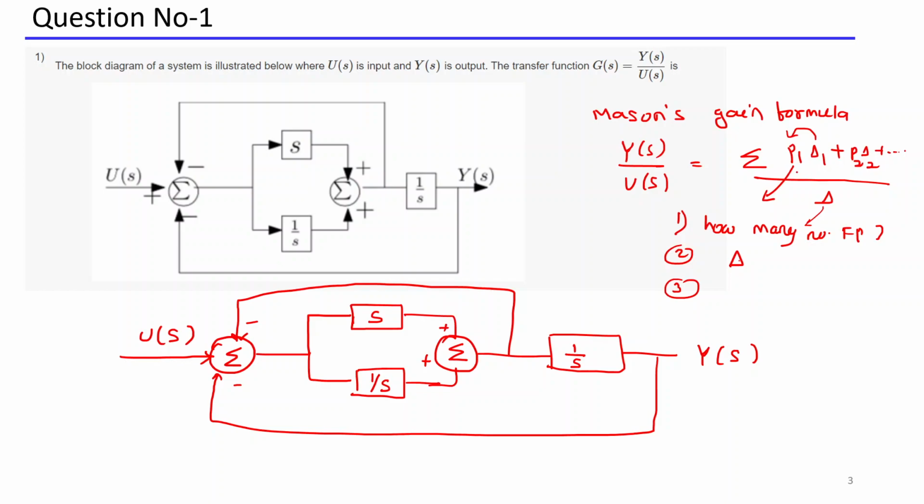Suppose P1 is a forward path, then delta 1 should not touch P1 at any point. It is a different loop which is not touching P1. Similarly, delta 2 is a loop gain not touching the second forward path P2. So this is a simple concept.